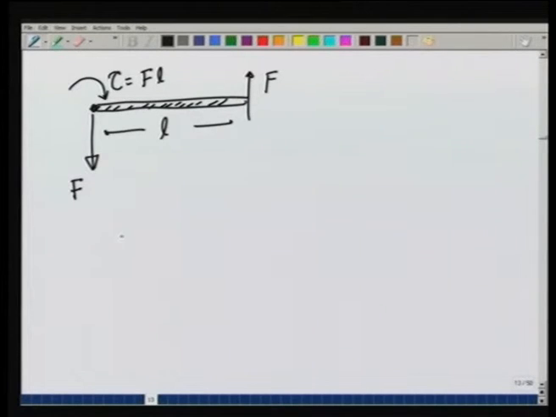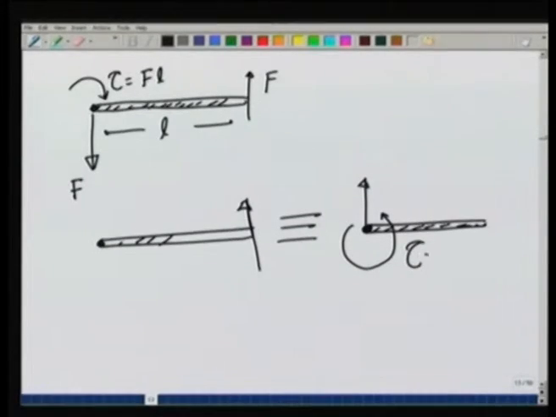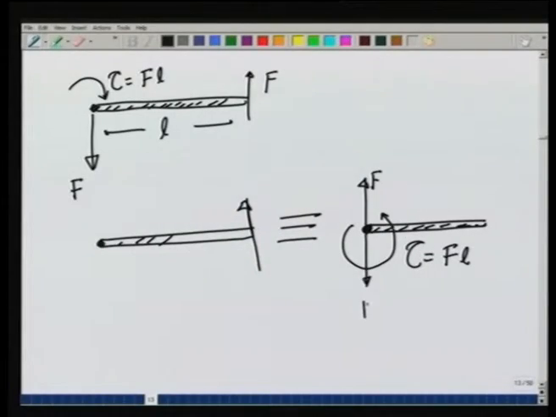In other words, what I can say is that this force is absolutely equivalent to a force F at the pivot point and a torque like this of the amount tau equals F L. So, that if I want to keep this rod in equilibrium, I need to apply at this point a force minus F and a torque like this. So, this is equivalent to this as far as equilibrium or statics of this rod is concerned.